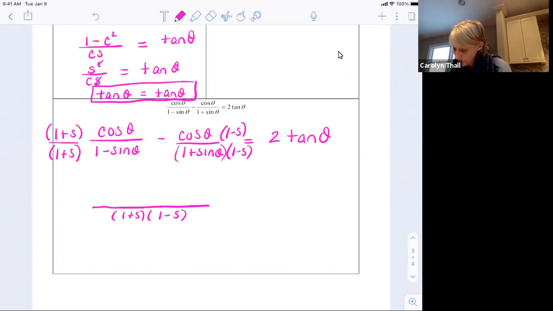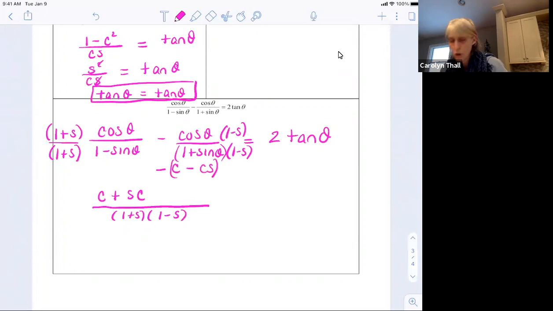In the numerator, cosine plus cosine times sine. Now here, I'm going to subtract what I get. So I have cosine plus sine cosine. And I'm going to subtract cosine minus cosine sine.